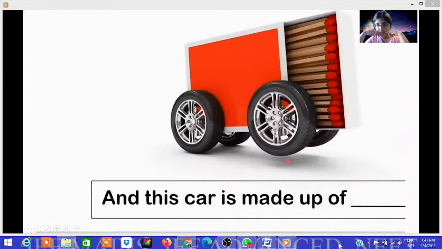What else can you see in this? And wheels. And a truck. Is that a truck or a matchbox? Oh, sorry. So box, matchsticks, and wheels.